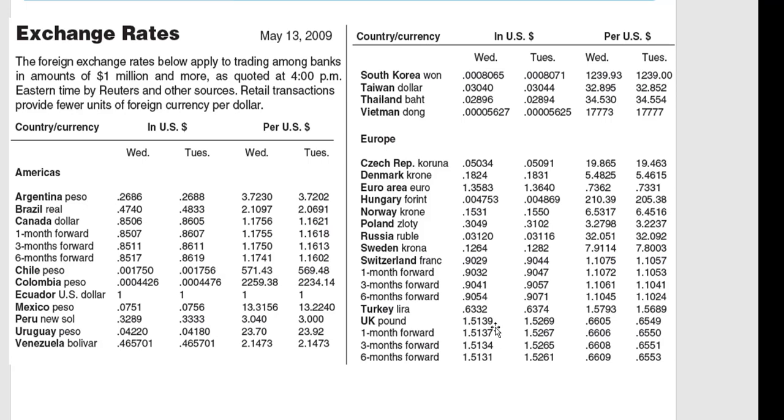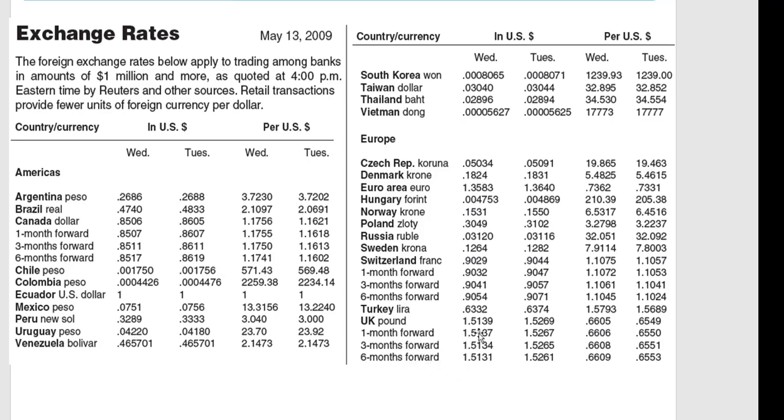Now, this is the spot transaction quote. Because of the high volume of transactions with this currency, you also have quotes for the 1 month forward contract, 3 months, and 6 months forward.